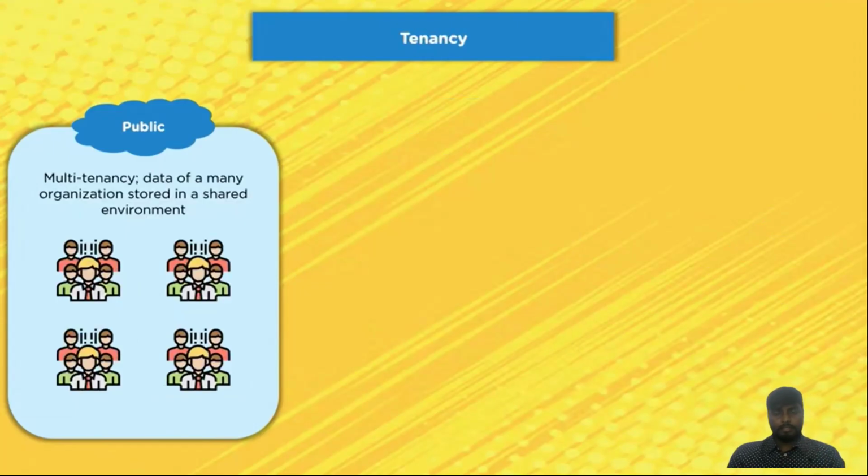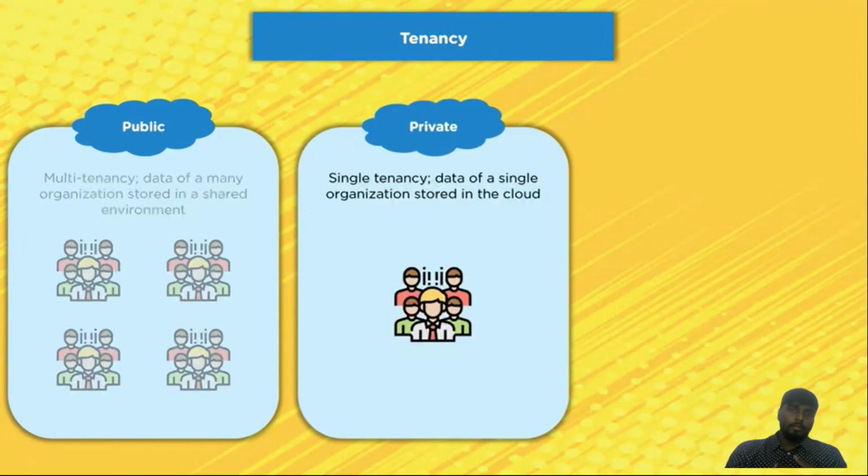Coming to the next, tenancy. Tenancy is how many types of people can access that particular cloud. Multi-tenancy: multiple people, multiple organizations can access that particular environment, that is called public cloud. Private cloud: single tenancy.